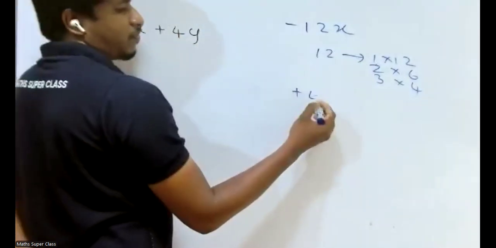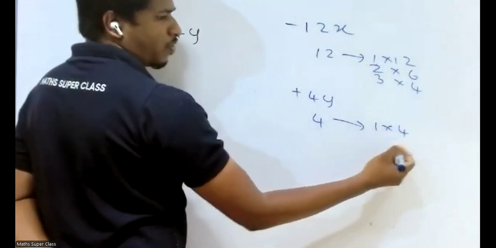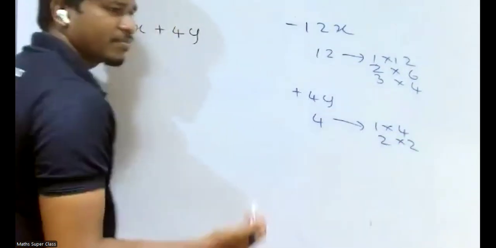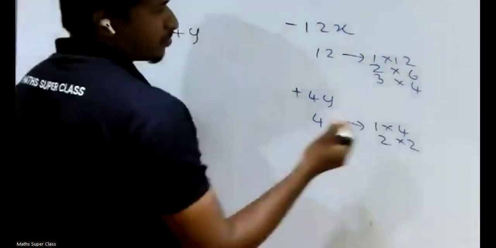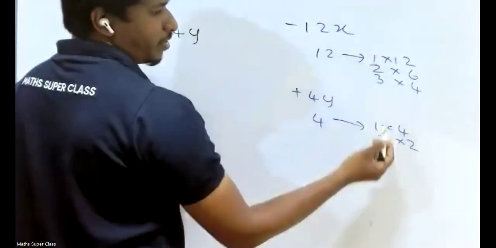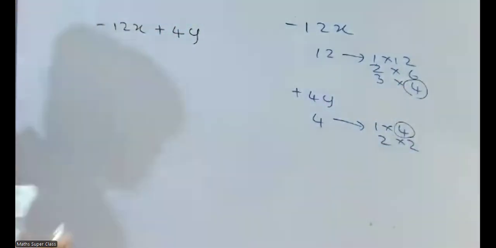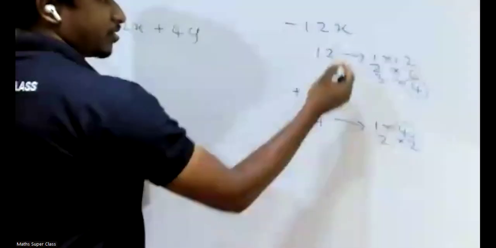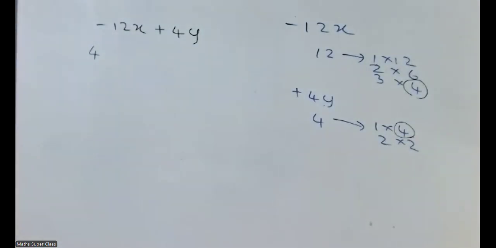And plus 4: 1 into 4, 2 into 4. What is the big number? 4. So can we get y or x as a common factor? No, we can't.